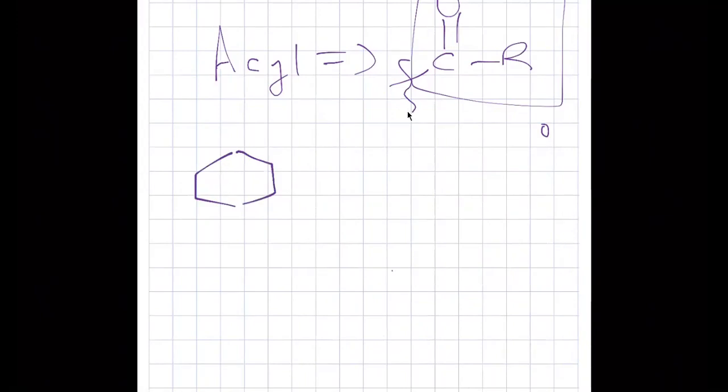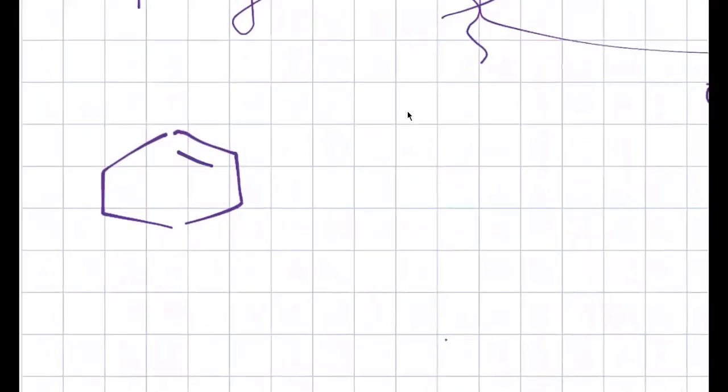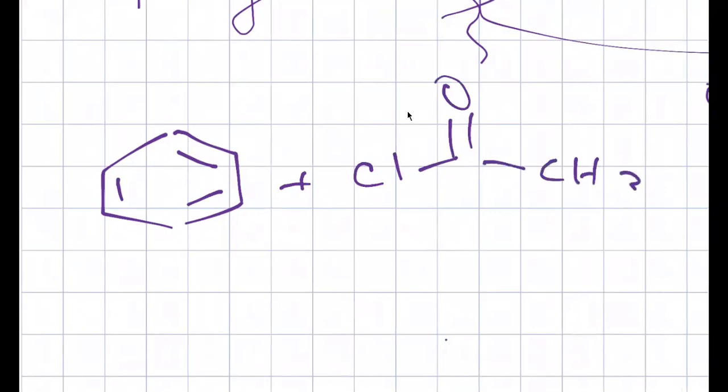Let me switch the bonds around. And we're going to react it with an acid chloride. That's a key functional group. I'm just going to put a CH3 out here. This functional group is called an acid chloride.